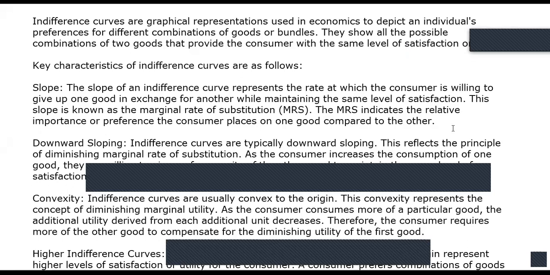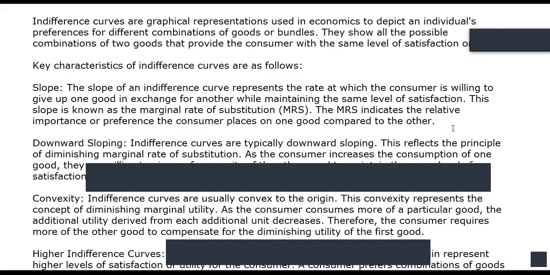Number 1, the slope in the indifference curve shows our marginal rate of substitution, which indicates the exchange that one consumer is willing to have for the other. So the slope is negative.